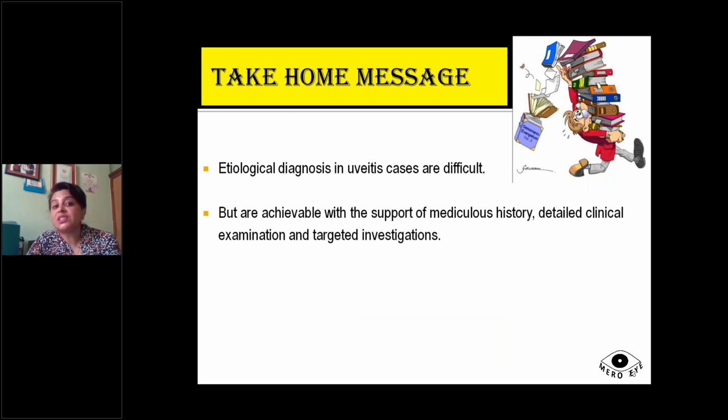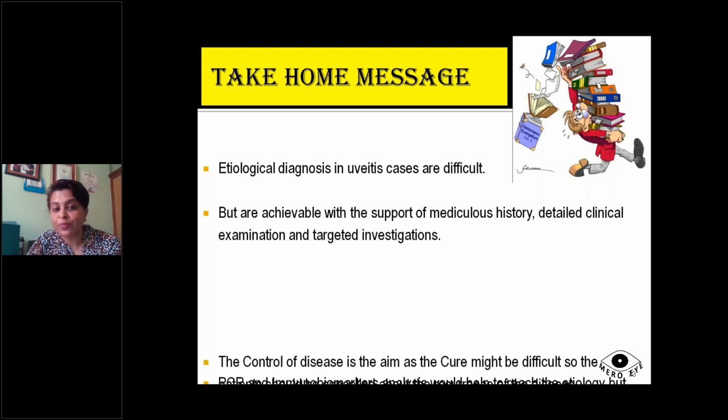So let me come to the take home message. It's very difficult to get a definitive etiological diagnosis in a case of uveitis, but it's not unachievable. It could be achieved with the support of a meticulous history, a detailed clinical examination, and targeted investigations.